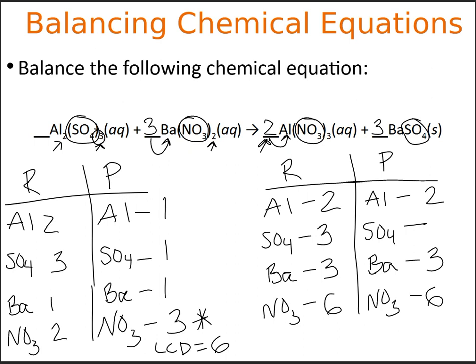And now that we have 3 in front of the barium sulfate, we also have 3 sulfates on the product side. So you have to go back and forth and fill in the things that have changed. And when you do that, you see that everything is balanced. So don't let those polyatomic ions scare you.